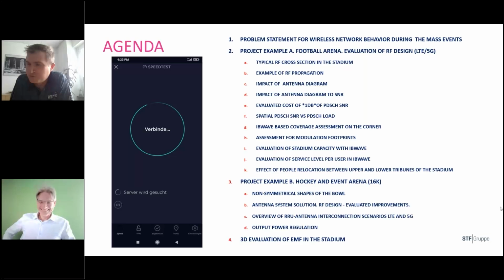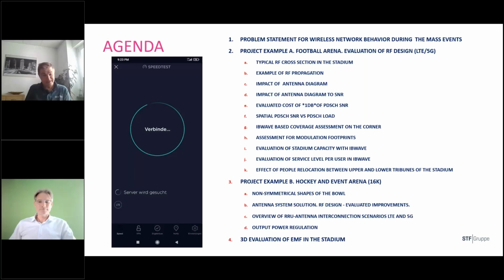But I wanted to start with a short story. One of my friends decided to visit a Metallica concert here, not far away from Berlin. And actually, I asked him if he can connect to the network just 10 minutes before the event would start. And here on the left side of this screen, this is the result. So which means the problem is actual. Yeah, it can happen.